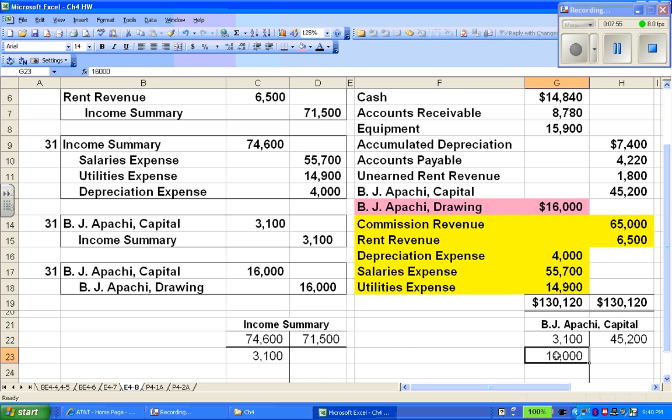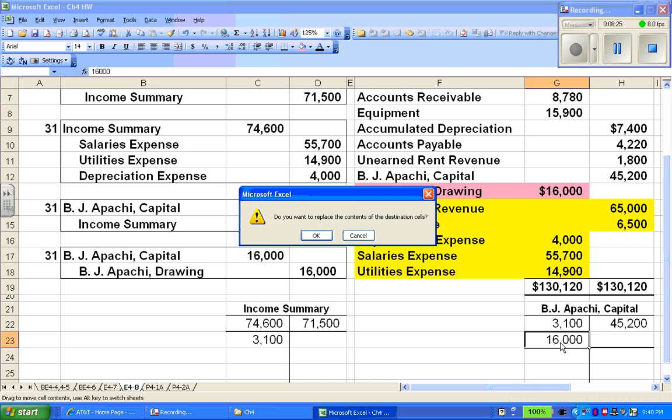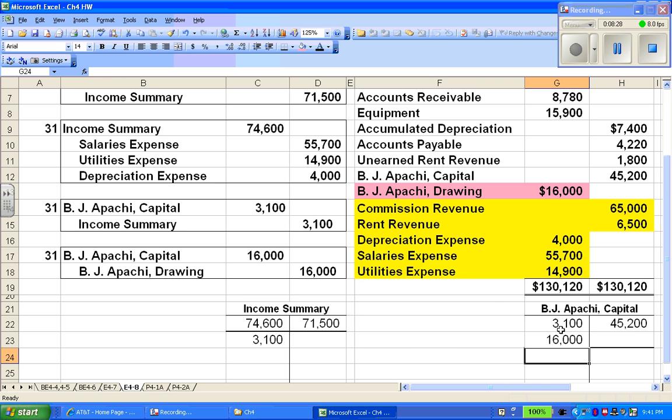And the balance now in my capital account, let's see what I get. I'm going to total up all my debits and I'll net against that the credits of 45,200. Oh, I'm so sorry. I shouldn't have put that there, right? Because even though there was a net loss, if we look at our capital account, the total of the debits will not exceed the balance of that capital of 45,200, which is a good thing.